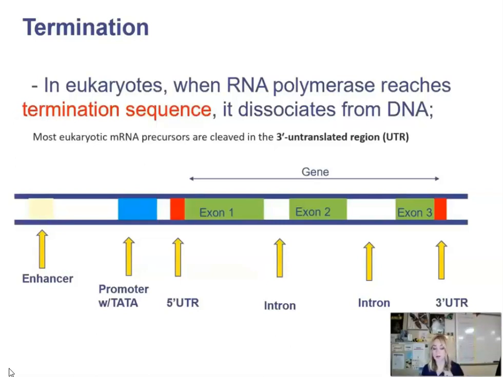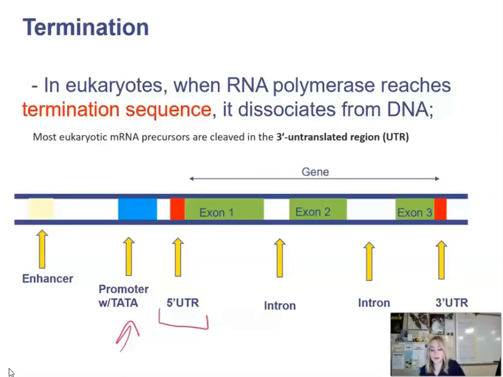So I want to point out the general structure of a eukaryotic gene. We have the promoter region, and remember the promoter region is going to have that TATA box. And then we have what we call the 5' untranslated region. These DNA sequences are important because they communicate with ribosomes when it's time for translation.